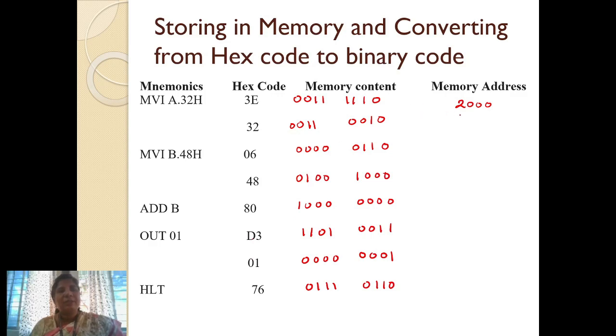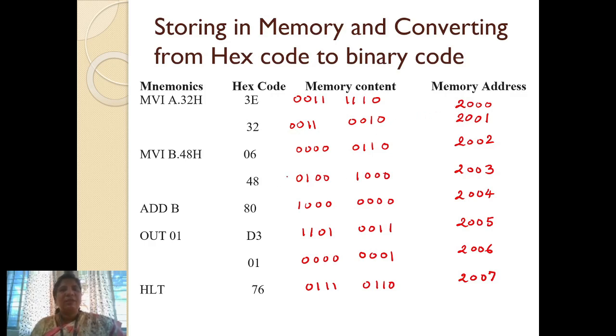If we are starting from 2000, we will need a total of 8 locations. So I am writing the address corresponding to each hex code. For 8 hex codes, we need memory addresses ranging from 2000 to 2007.